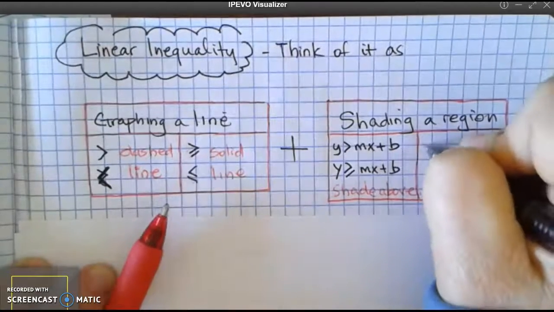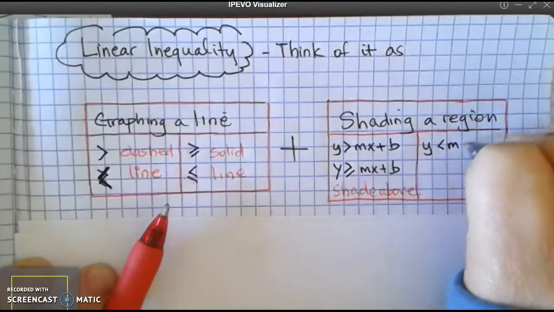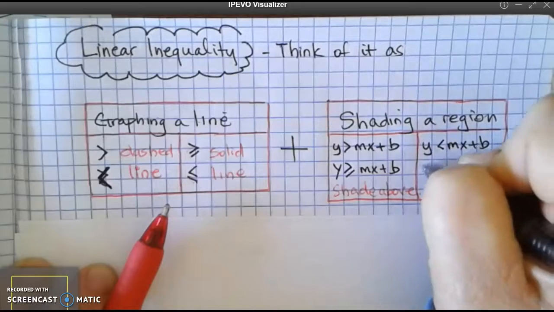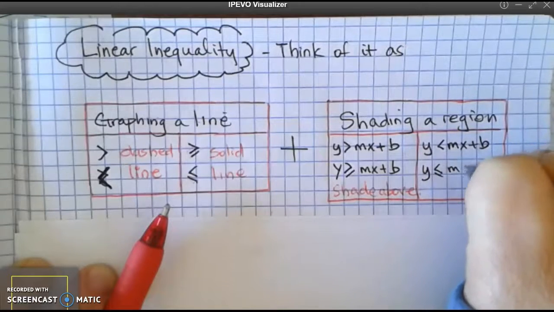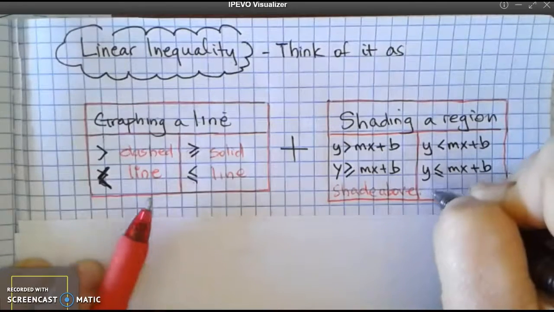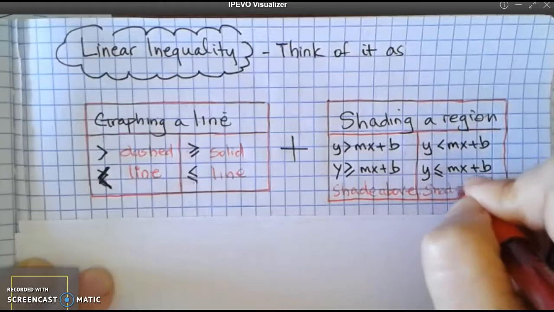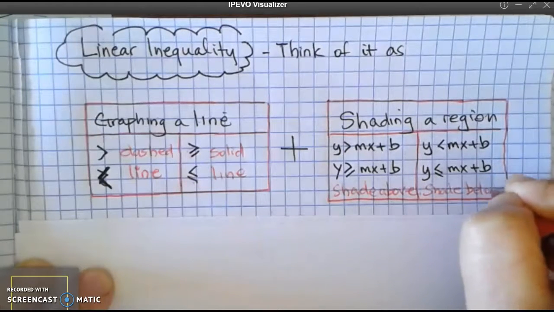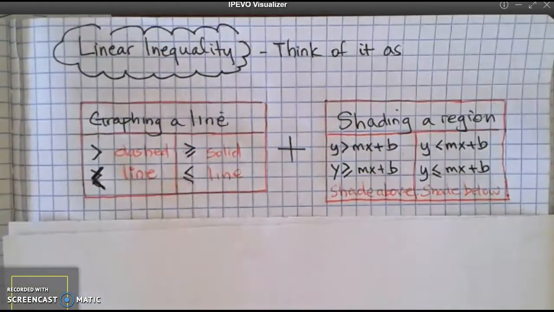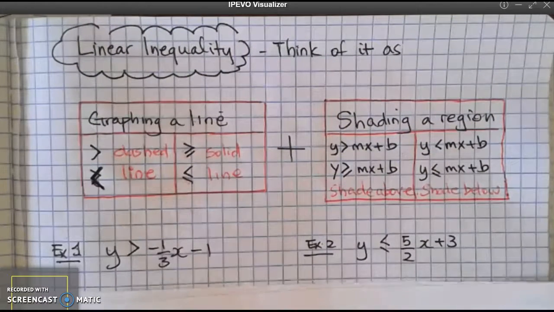And if y is less than mx plus b, or y is less than or equal to mx plus b, then we can shade below.